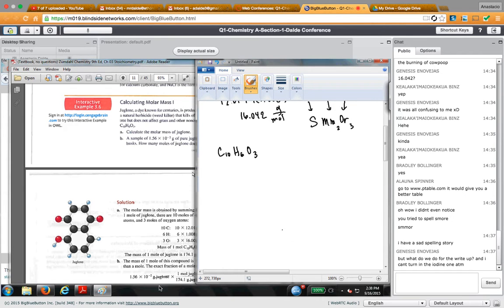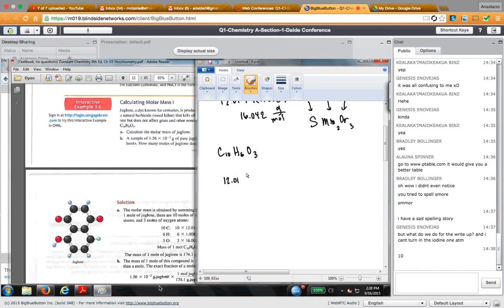All right, well, here's how you do it. Carbon, if you look it up, is 12.01. How many carbons are there in Juglone? 10. So you multiply this number by 10. Now we're going to add the hydrogens.